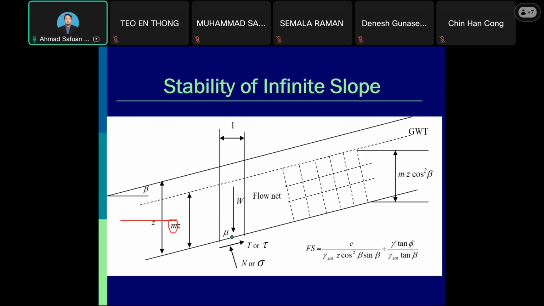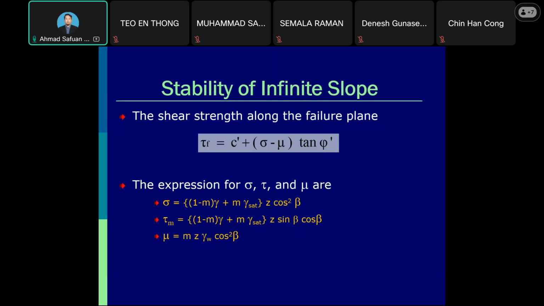So how to use this M approach? Basically, this M approach is from the fundamental equation to determine the factor of safety. We do not simplify the equations like in the previous example.